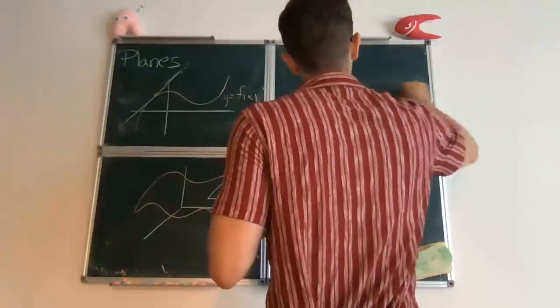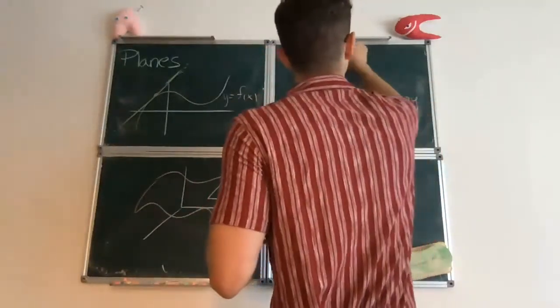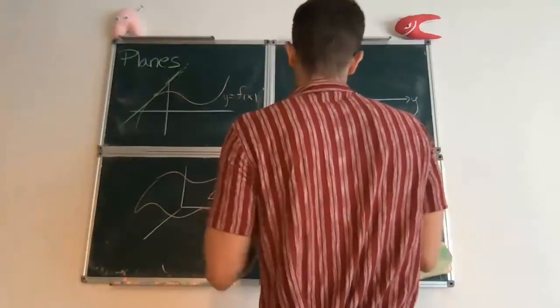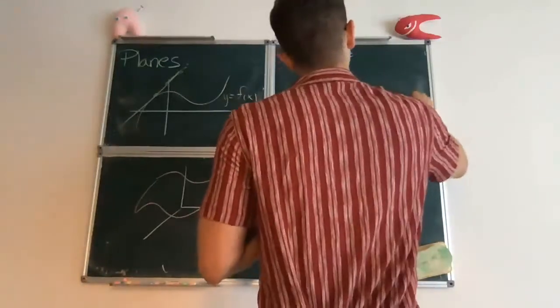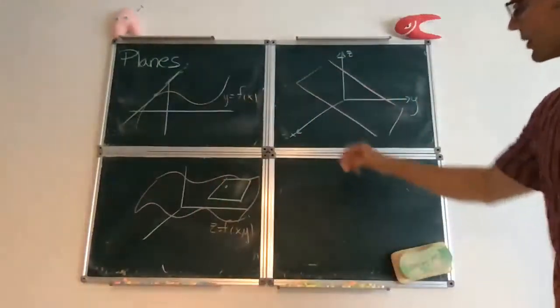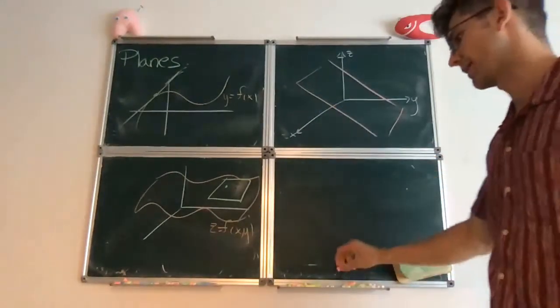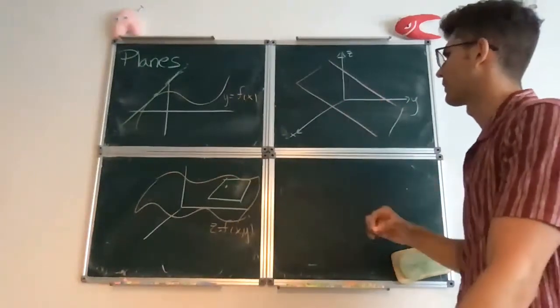If you have something like this, a plane would take this form, or maybe a tilted version of this. You can rotate it around.